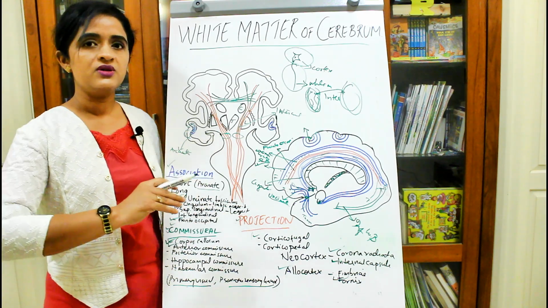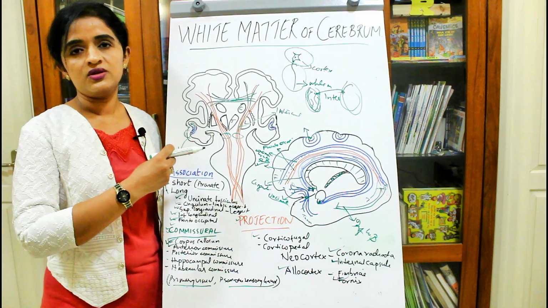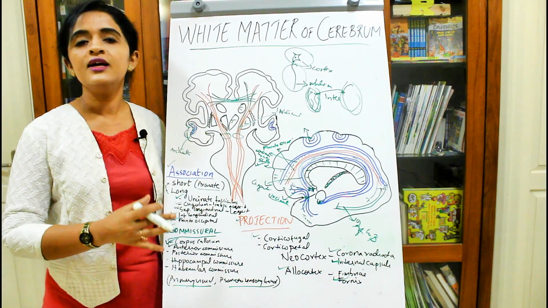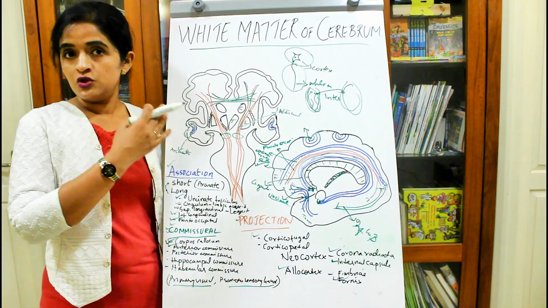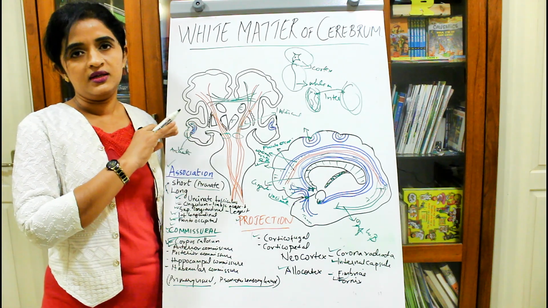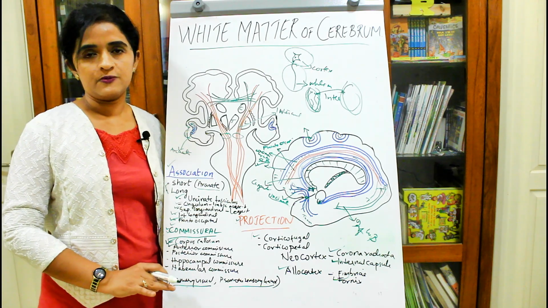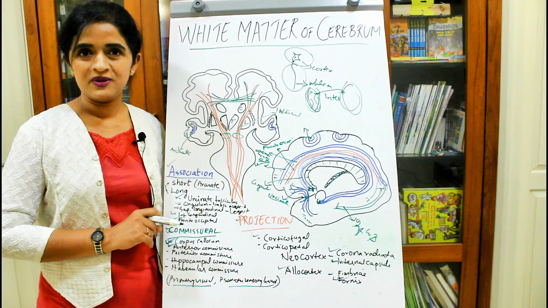Projection fibers connect the cerebral cortex with the rest of the central nervous system, and they can be directed either towards the cortex or away from the cortex. So that's just an introduction to the white matter of the cerebrum.